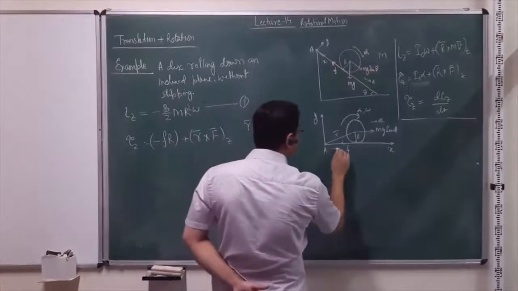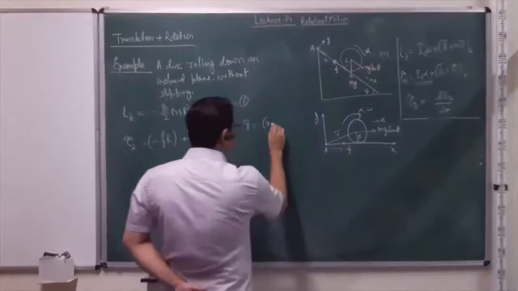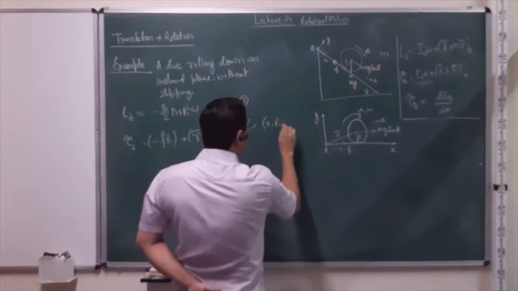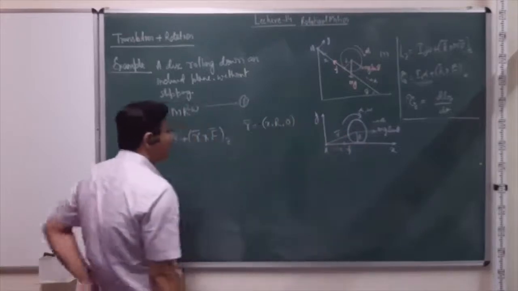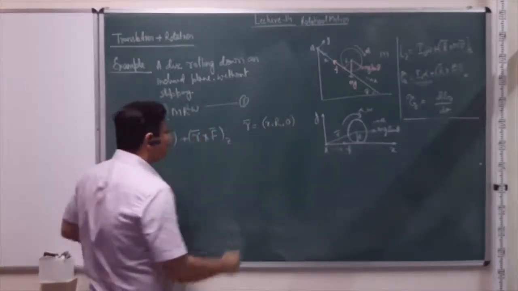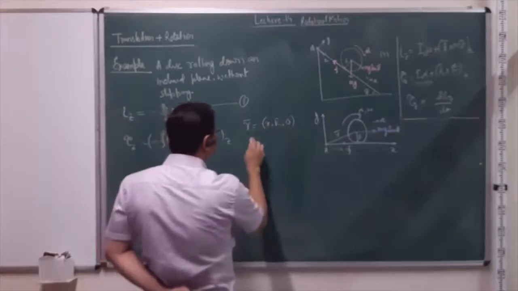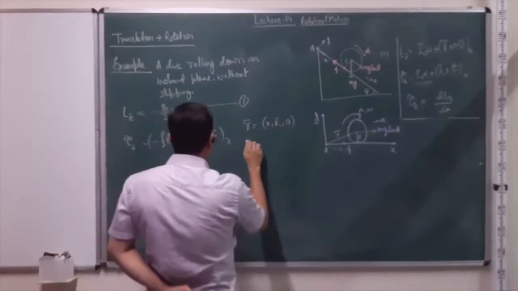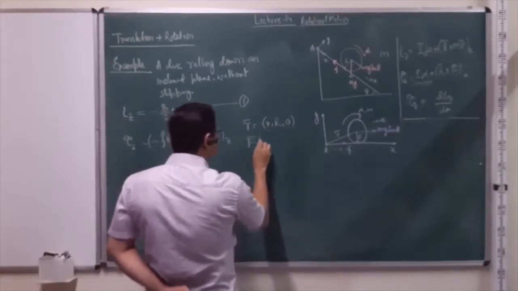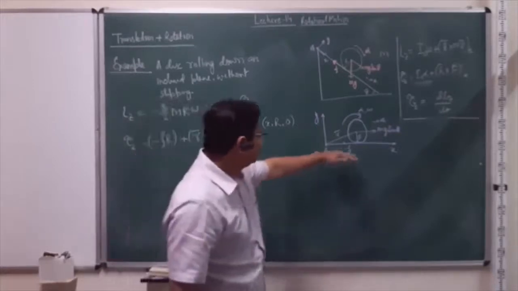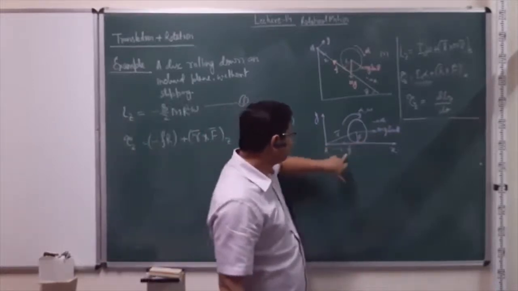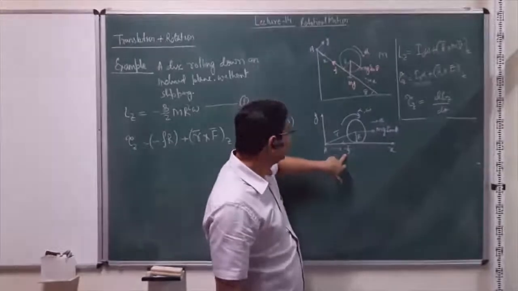Let's say this distance is x at any given instant. The perpendicular distance, the y coordinate, is not going to change, and the third coordinate is immaterial, so we can take it as 0. That's our choice of coordinate system. Similarly, the forces are again in the x direction. I have mg sin theta, and I have the frictional force acting in the opposite direction.